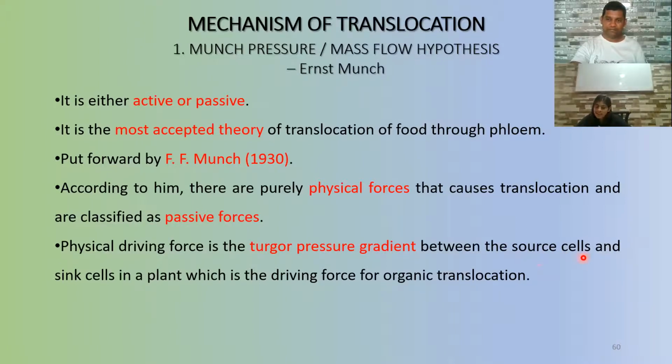Source का मतलब है where the food is manufactured. वो फूड को पहुंचाना है जहां पे डिलीवर करना है वो हो गया sink cells. It can be any other part of the stem, any part of a fruit or maybe underground roots. तक वो खाना पहुंचाना है उसको बोलेंगे sink.